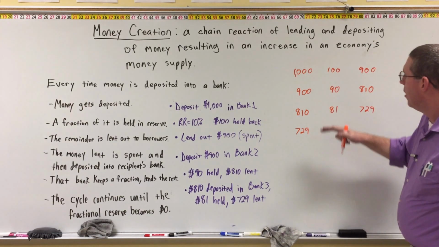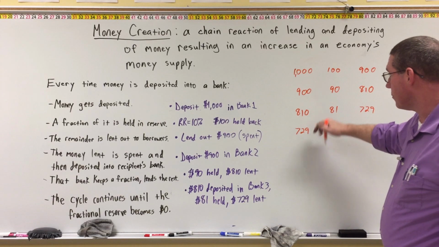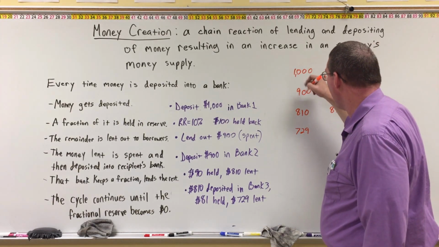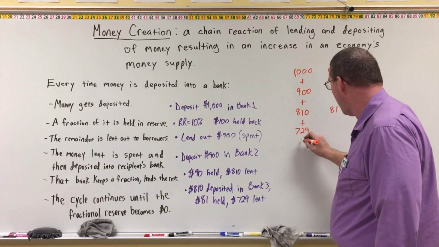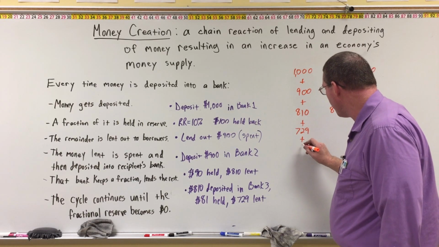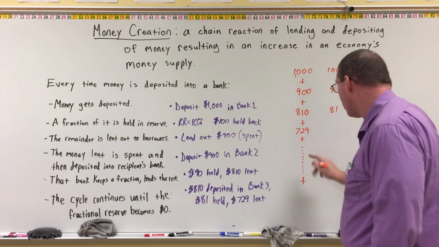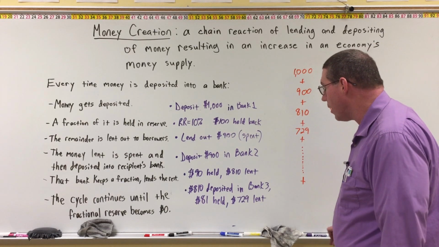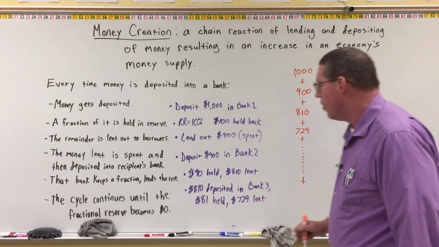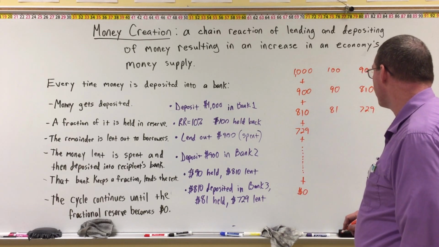So you can see the number is decreasing. And if we were to add this together, 1,000 plus 900 plus 810 plus 729, whatever the next number is, it's going to be a smaller number. And they're eventually going to get smaller and smaller and smaller over maybe hundreds of lines until the last amount is 0.